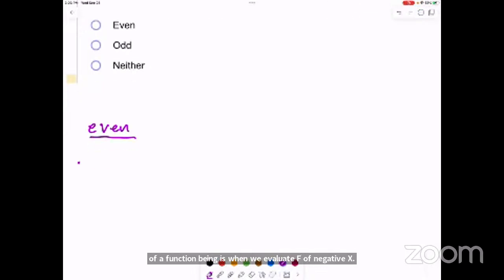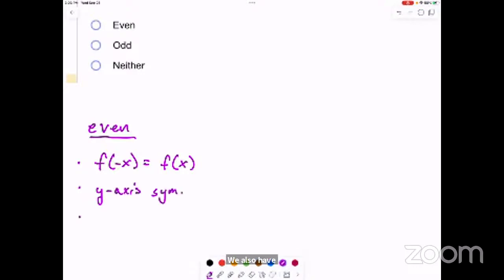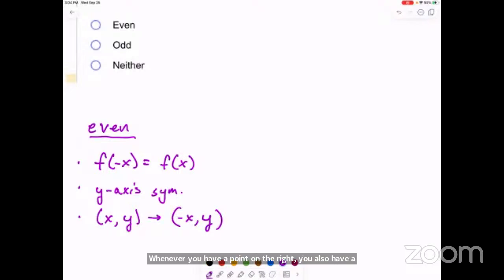Some properties of even functions: they have y-axis symmetry. Another property is whenever we have x comma y, we also have negative x comma y. It's kind of like a two for one. Whenever you have a point on the right, you also have a point on the left. You can use the y-axis as an axis of symmetry; it's going to bisect it. That's the definition of a function being even.